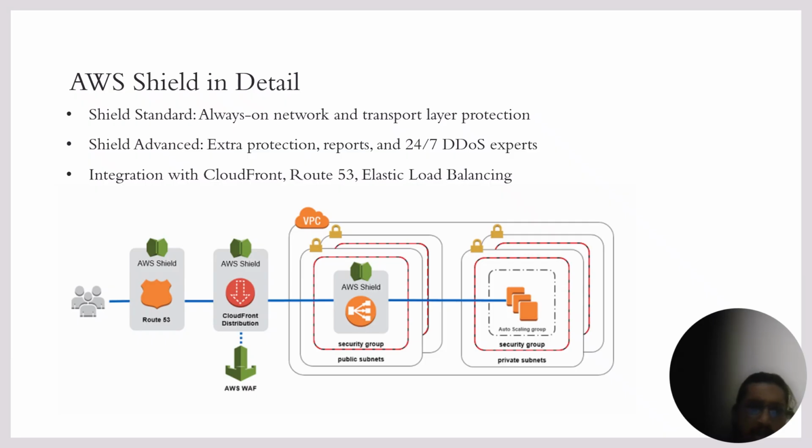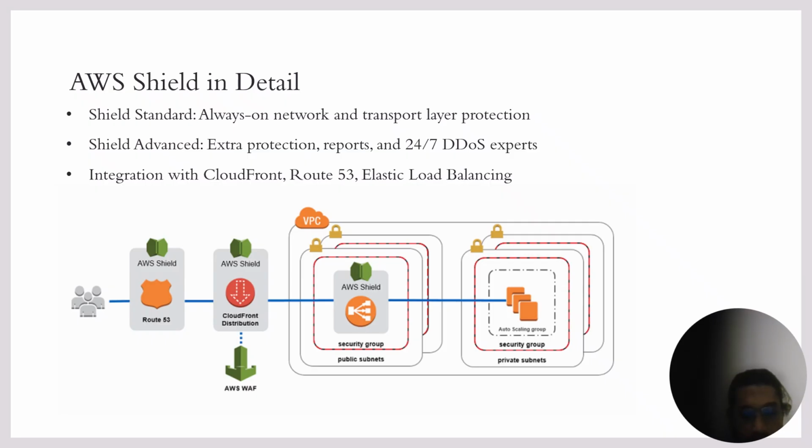So what is AWS Shield? Let's see AWS Shield in detail. AWS Shield is your first line of defense. As you can see here also, it's the first line of defense that protects everything. Shield Standard protects automatically against most common DDoS attacks like SYN flood or UDP reflection attacks. It's free and built into services like CloudFront, Route 53, and Elastic Load Balancing.